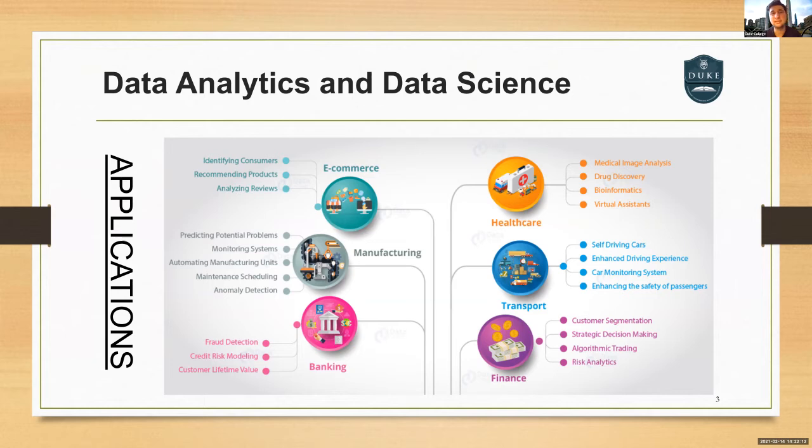The more data you have, the better the model, the better the recommendation system, and the better the prediction analysis you can get. It's not a linear relationship, but as a general rule, the more data, the better the result in data analytics.